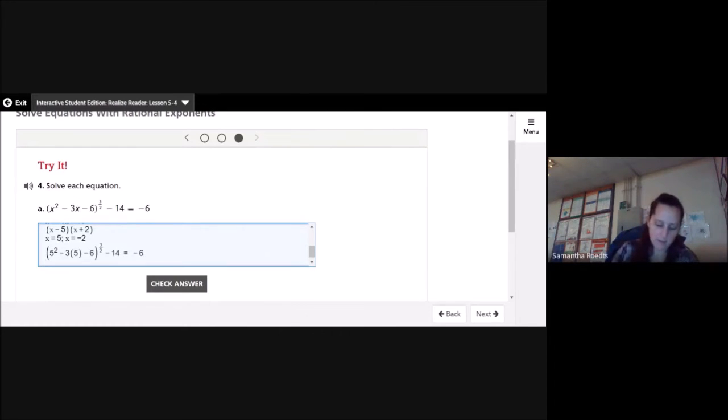So I have 5 squared minus 15 minus 6 gives me 4 to the 3/2, minus 14. 4 to the 3/2 power is 8. So 8 minus 14 does give me -6. So -6 equals -6. So 5 does work.